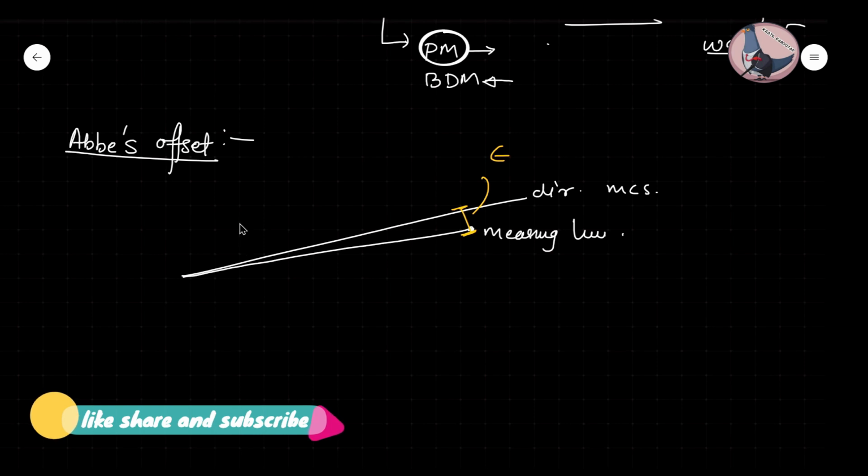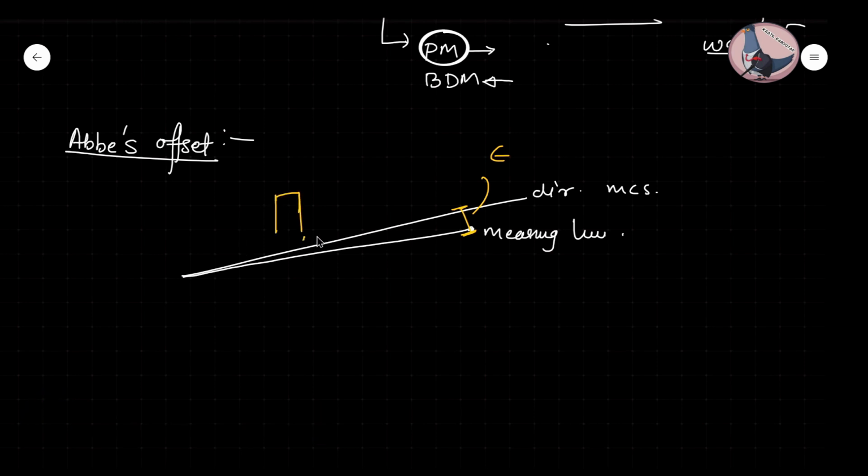I mean that when your machine was sliding, the probe has to move along this line. Okay, this is the probe line. But due to some hunching or because of some deformation of the structure, now the probe is not moving along this line, but it is moving along this line. So this is the error, and this is what I was telling that this error can be adjusted automatically.